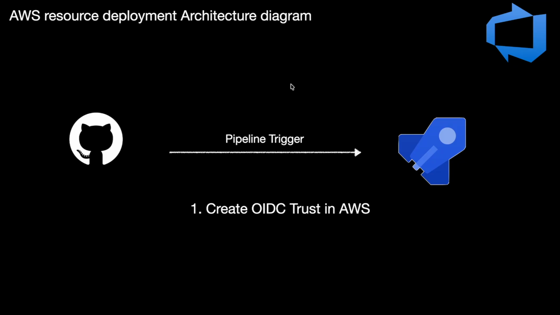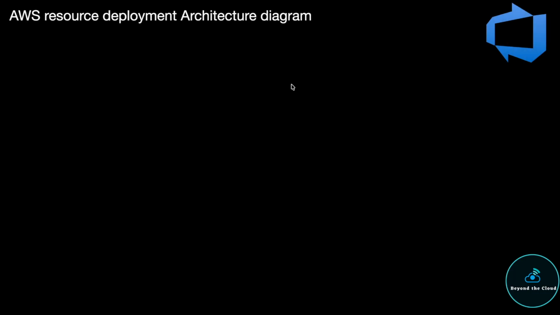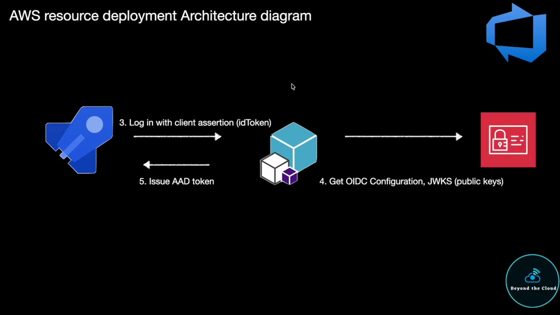And when the OIDC trust is created, we will then go back to our Azure and install the extensions of AWS to work properly, to create the service connection. And on the next step, we will create the service connection. As soon as we create the OIDC connection in AWS, we will create the service connection in Azure to assume that particular OIDC connector.